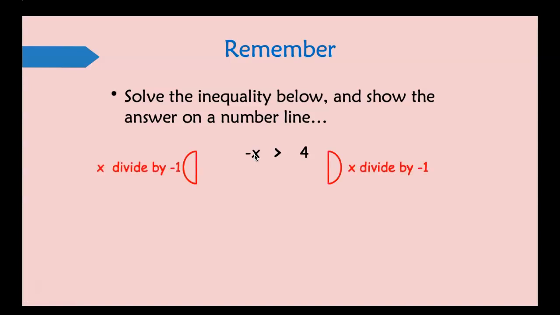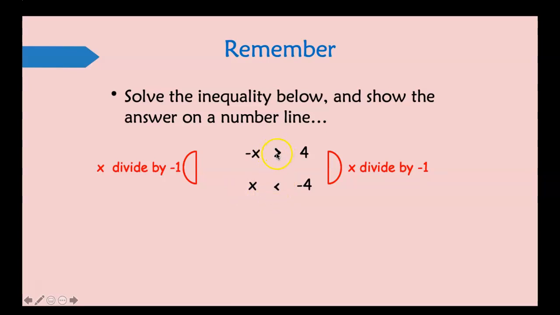Okay, so to make it positive. So negative x divided by negative 1 will give you x, and negative 4 divided by negative 1 is negative 4. But remember, and you have to remember this, when your last step, when you solve an inequality, is to divide or multiply by a negative 1, you have to reverse the symbol, just like what I have done in here.